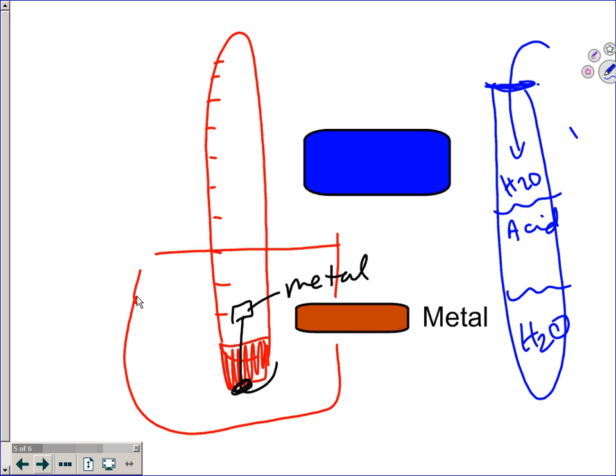Okay, so then you have to be like a stealthy ninja, and you'll have to put your stopper with your string in the middle of it already and your metal hanging on the other side. Since it's full of acid and water, you'll have to put your string and metal in here and dangle it into the acid-water combo without touching the acid.